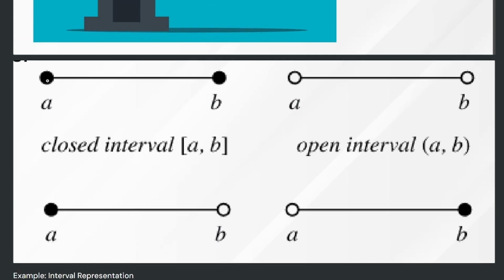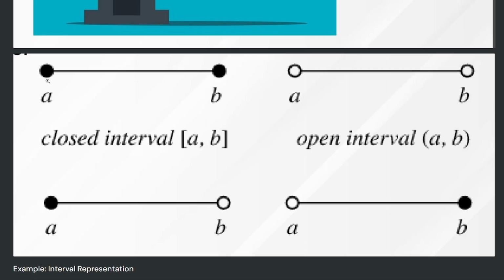You can see this example. This visualizes intervals very well. This is a closed interval, meaning both circles are filled, so a is included, b is also included, and all the numbers between a and b are also included. Remember this. In an open interval, a and b are not included, but all the numbers between a and b are included.